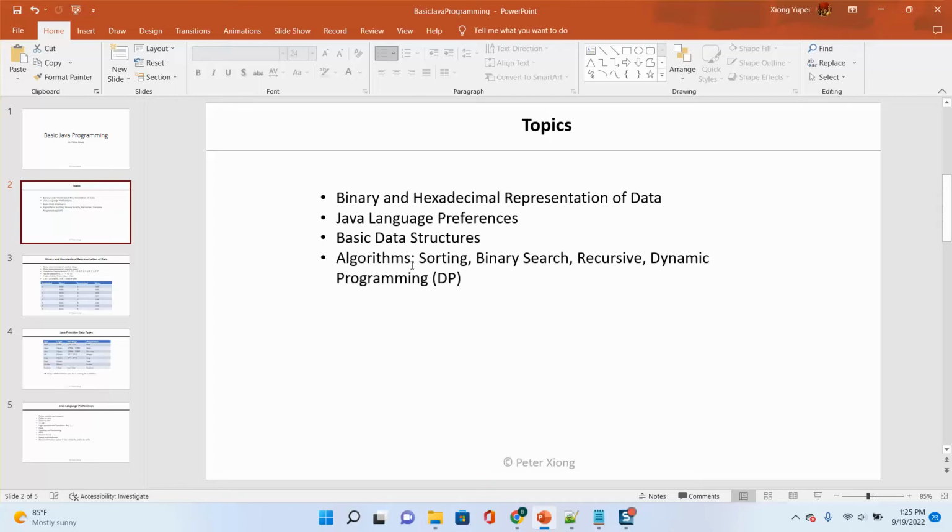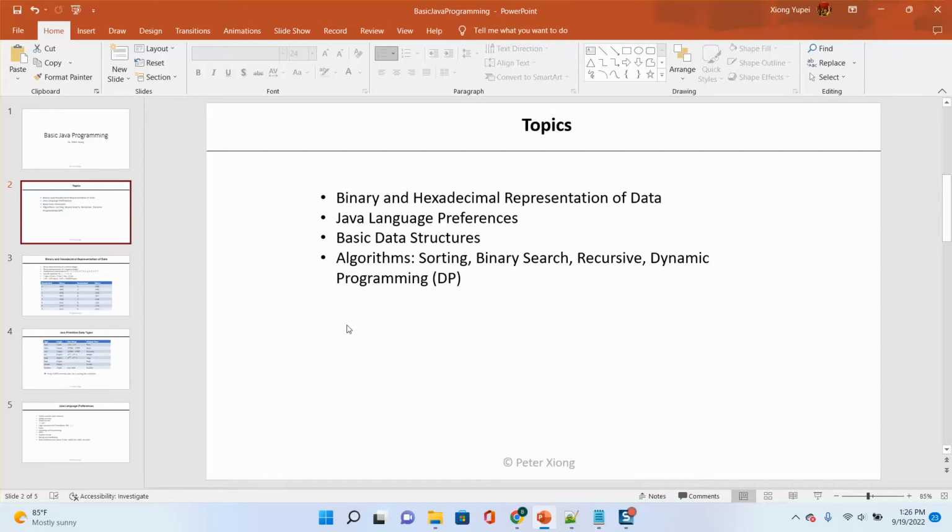I also cover some basic algorithms like sorting algorithms, search algorithms like binary search, recursive algorithms, dynamic programming, DP. All of them are very basic, but if you are not from a CS major, I think this part may not be that easy for you. But if you are from a CS major, those are basic things you must understand.